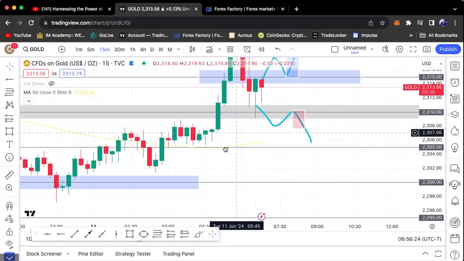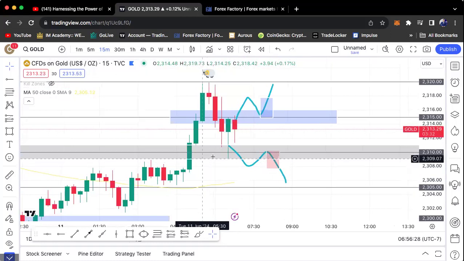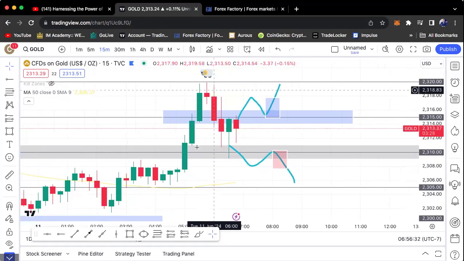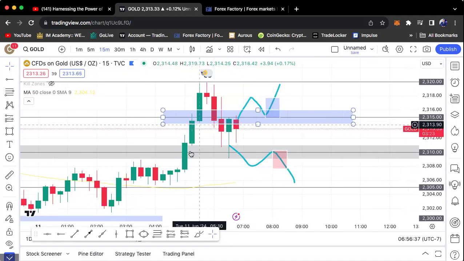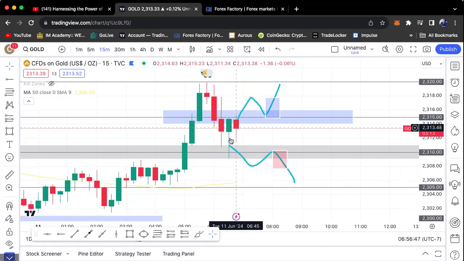But since price right now is experiencing a pullback to the upside, price came back down to this imbalance and filled halfway of the imbalance. Now it's looking like it's going to respect it and may push price up.